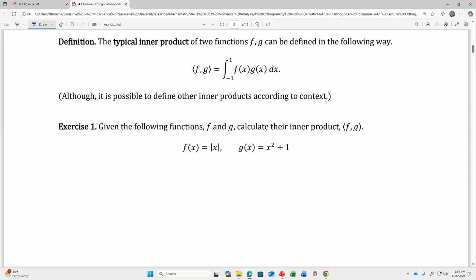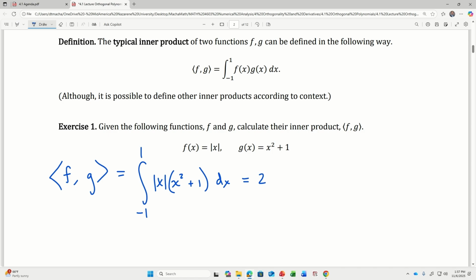So given the functions f and g, calculate their inner product. We would say the inner product of f and g is the integral from -1 to 1 of the absolute value of x times x squared plus 1 with respect to x. And these are both even functions.